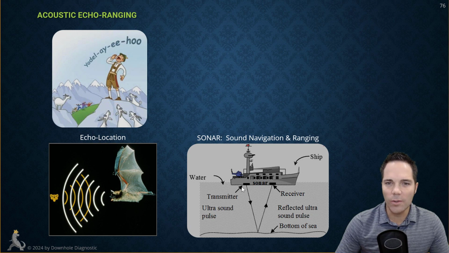So you can use sonar to determine how far off the seabed is so that you don't ground the ship. You're going to send some sort of pulse down to reflect off the seabed, come back to a receiver, and you can calculate the distance to the seabed. Of course, the wave that you're generating is going to travel much faster in liquid than it does in air. It's about 5 times faster. You can also use sonar to determine if there's any submarines or any enemies floating around in the water, if you were to transmit that signal radially around the ship.